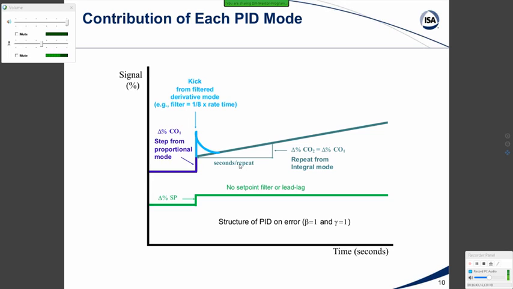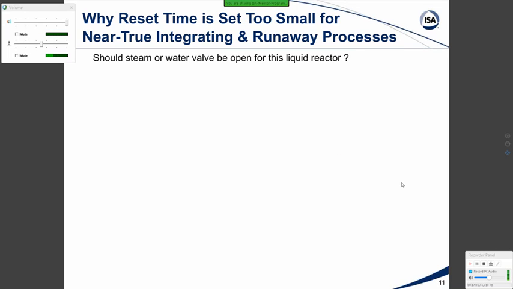And then when they inverted it, they decided just to drop the word repeat. So today, in those systems where you have a reset time or an integral time, they don't say seconds per repeat. They just say seconds. But it's this action going on. Notice that it keeps driving and is never really satisfied. So why is the reset time set too small for near and true integrating runaway processes?